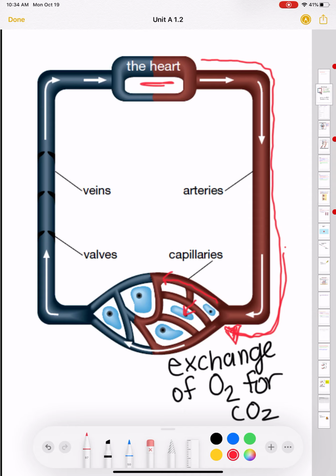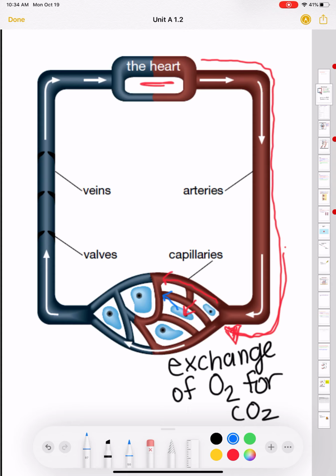And at the same time as the oxygen goes to the cells, what it gives back to these capillaries is carbon dioxide, and we label that as blue. We have this as blue blood, just because that signifies that it doesn't have oxygen in it anymore.